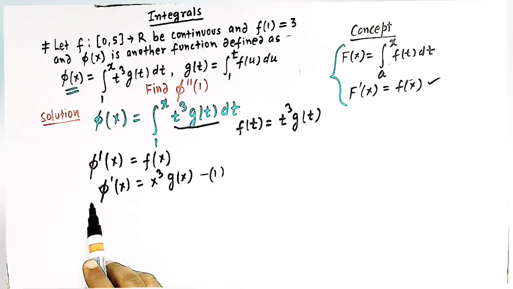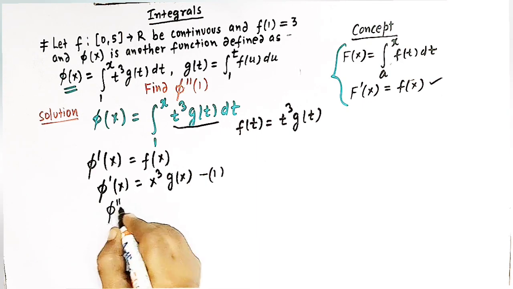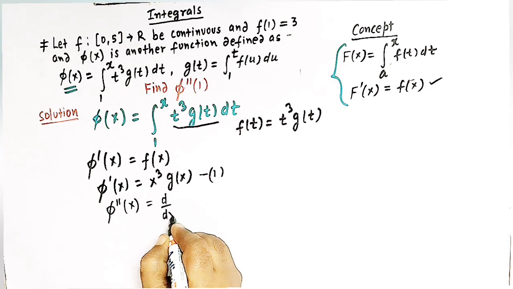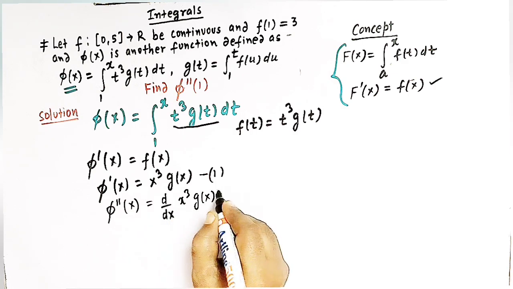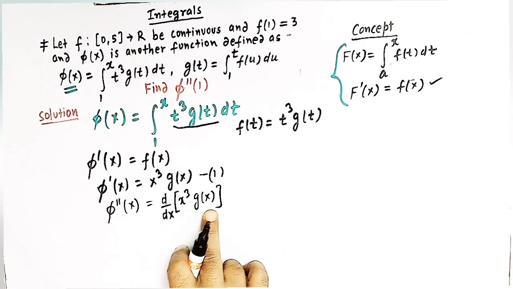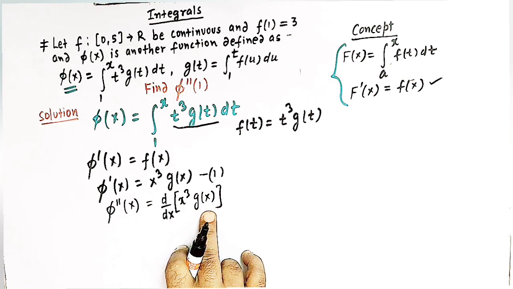Now let us differentiate both sides again with respect to x. So now we have phi double prime of x, and here we have d by dx of x cube times g of x. Now in order to differentiate this function, we can see that this is the product of two functions, right?